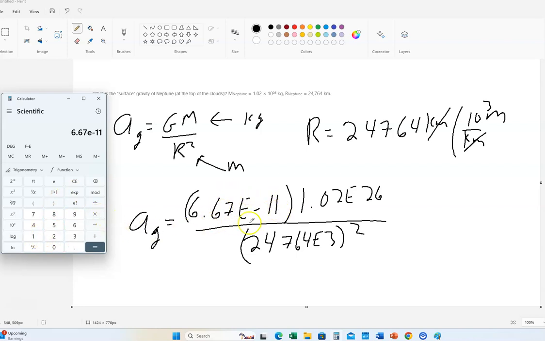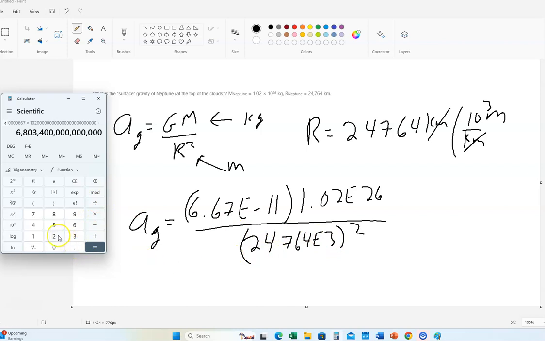And then multiply it times the mass of Neptune. So times 1.02 times 10 to the 26th, and then divided by this number squared.